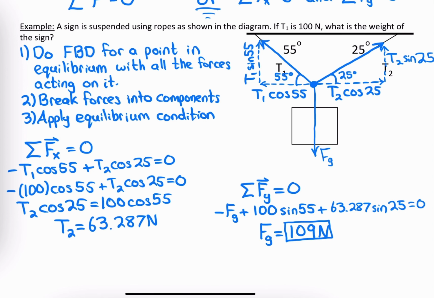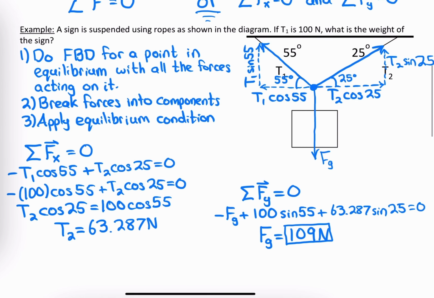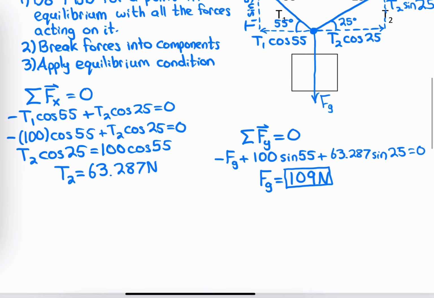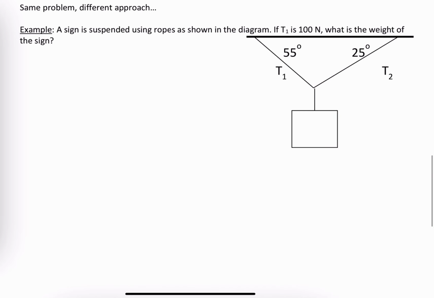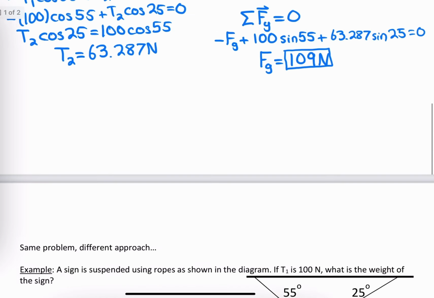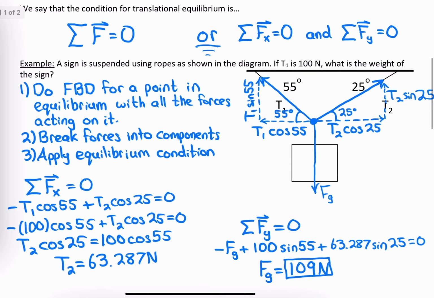Now let's try this problem a different way. There is often more than one way to do a problem. So same problem, different approach. And what I'm getting at here is when we said what the condition for translational equilibrium was, we said we could either look at the X and Y directions separately and say that the forces had to add to 0 in both of those directions, or we could forget about X and Y and just look at the forces themselves, whatever direction they have to be going, and say that they have to add to 0.